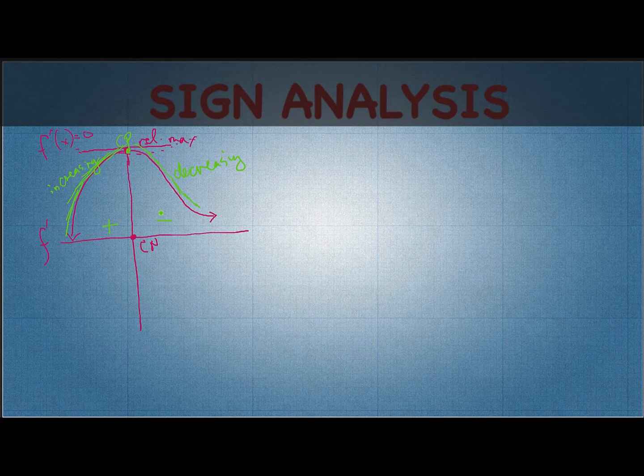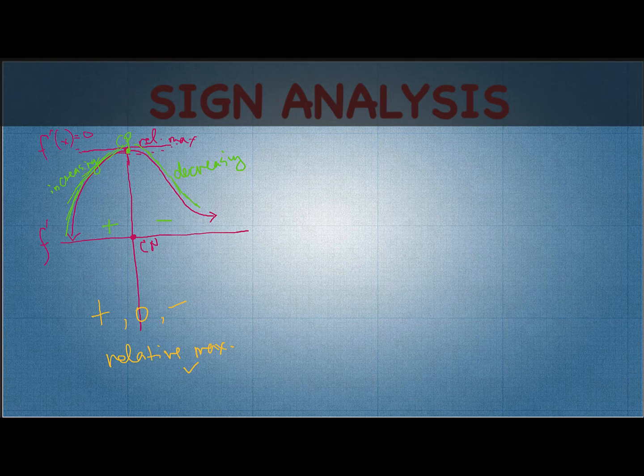So in other words, whenever you encounter situations where we have a sign of positive, then 0, then negative, we are assured that we have a relative maximum. Okay, please remember that positive, 0, negative, it will produce a relative maximum.